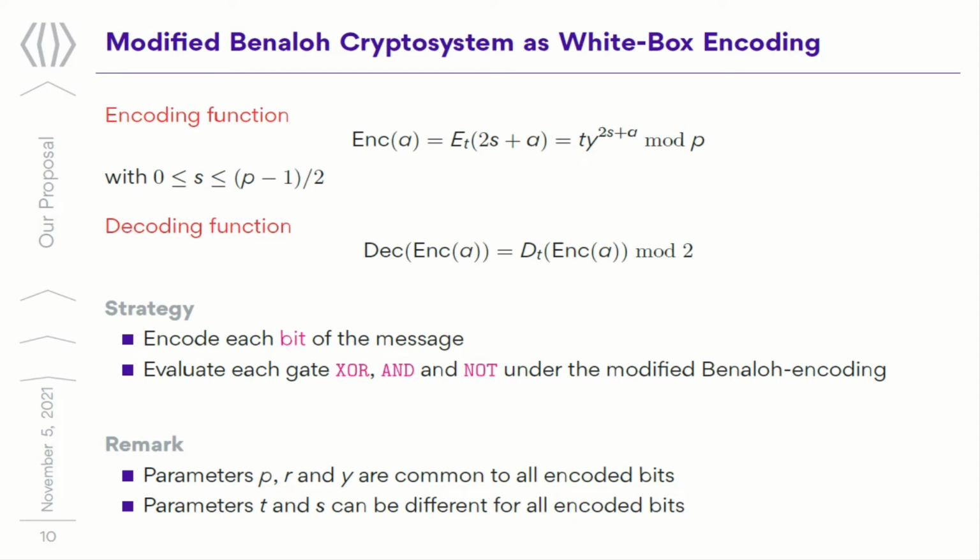And so the decoding function is only the decryption of the encoding of A, which is the exponent of Y, and we remove the quantity 2 times s because we only keep the least significant bit of the exponent of Y by computing the modulo 2. And so our strategy is to encode each bit of the message.